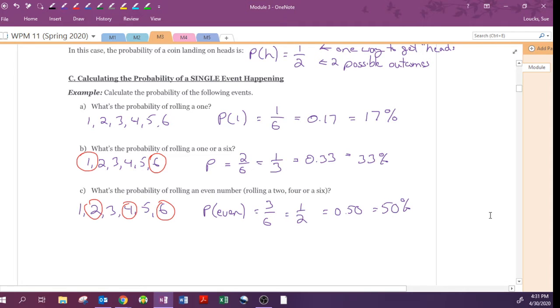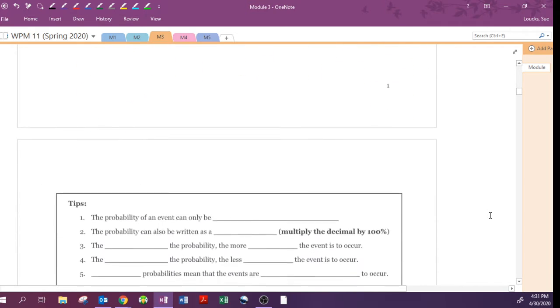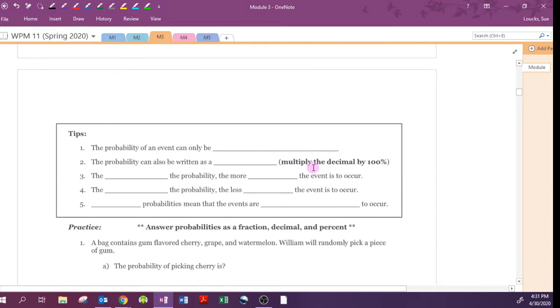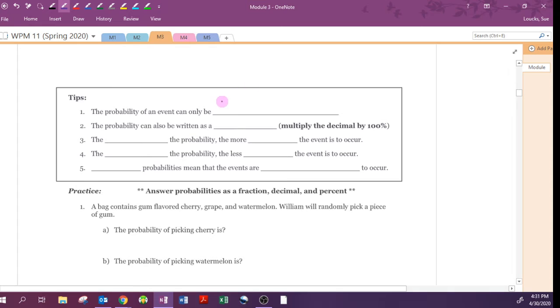Let's summarize some things to remember. The probability of an event can only be between, actually I'm going to rephrase that, it's from 0 to 1. It can be 0 and it can be 1. The probability can be written as a percentage.